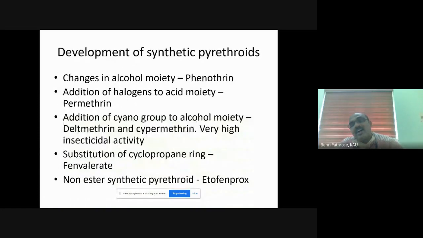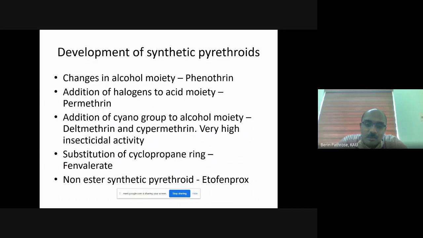And see how the pyrethroids evolved over time. This is what I have discussed over this entire class. First, scientists started working on the alcohol part, and they introduced the phenoxyphenyl ring, and the first molecule was phenothrin.